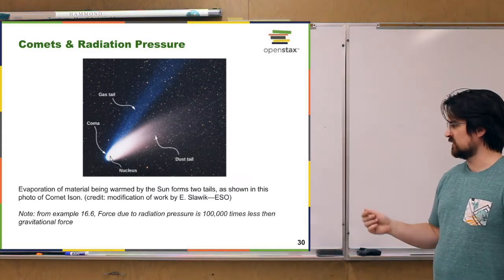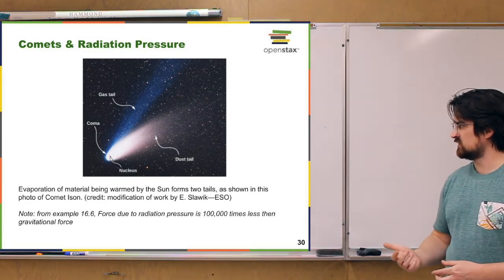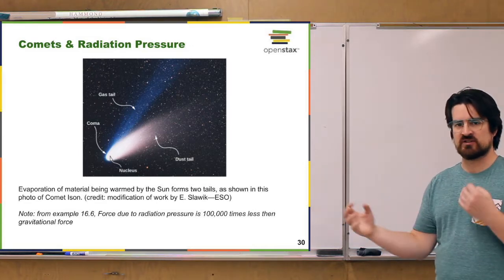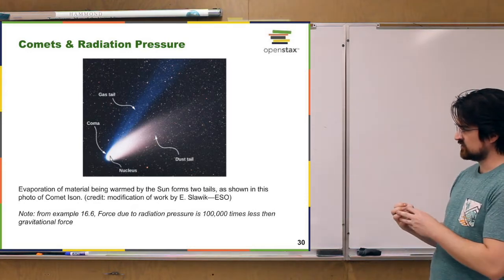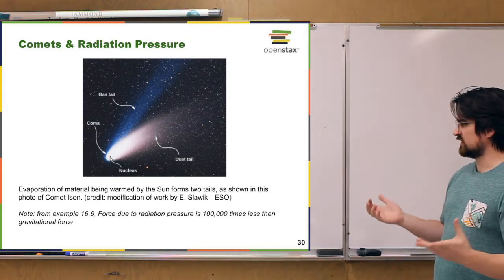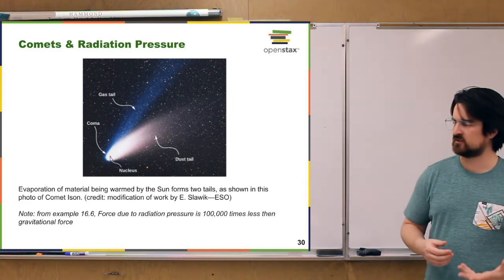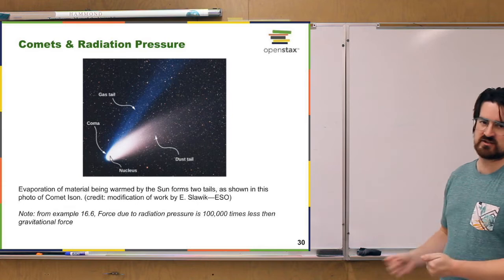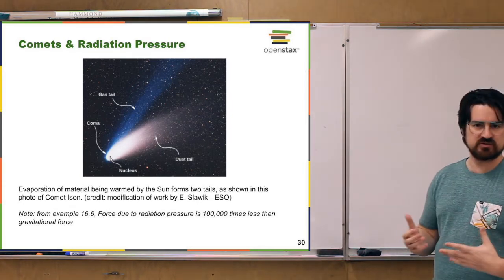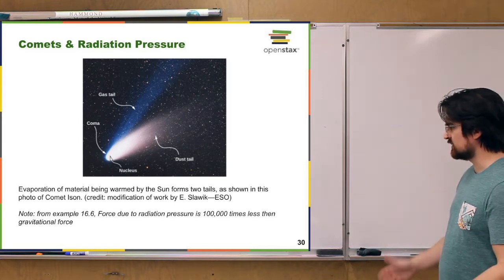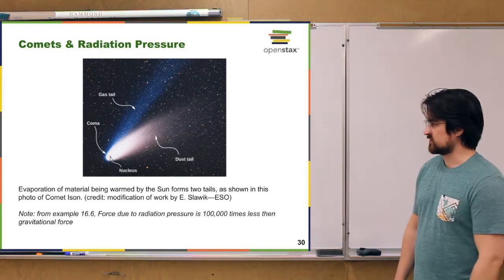In the last part of that example, they actually show you that the gravitational force from the sun on, say, a chunk of this comet that fell off is still like 100,000 times stronger than the radiation pressure. The radiation pressure is 100,000 times less than the gravitational force. So this radiation pressure is, like I said, very tiny, but it's there. And the fact that it is there is a nice confirmation of Maxwell's predictions.